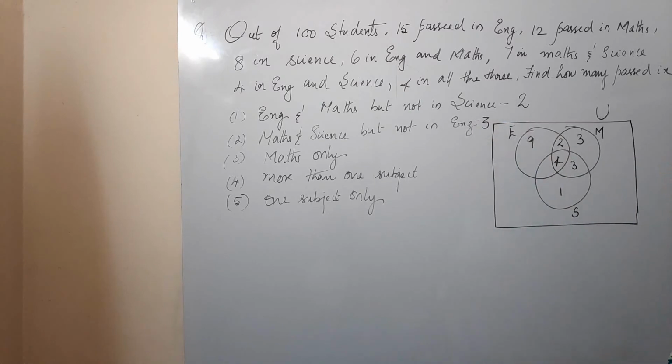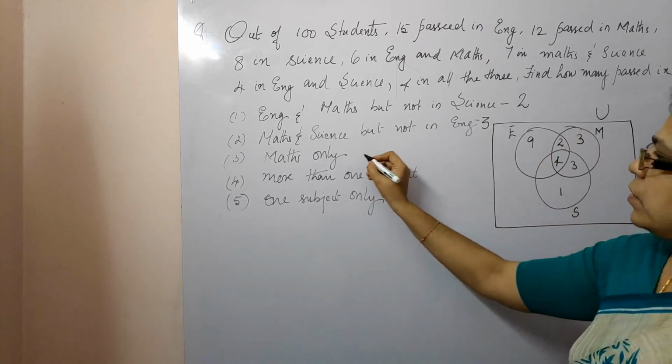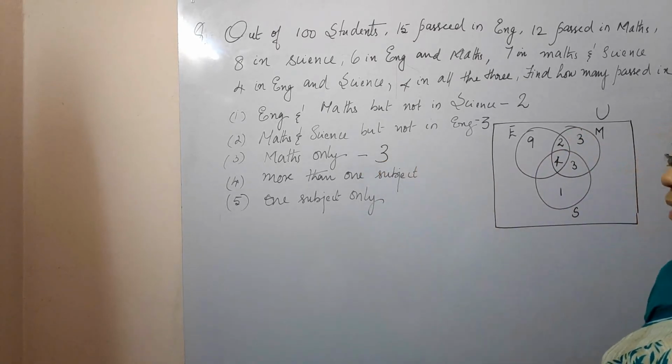Okay. Maths only. This is the portion, right? So Maths only, how many are there? 3 are there.